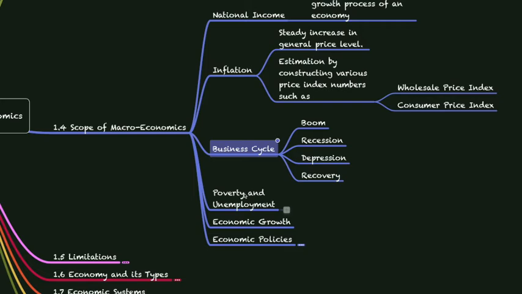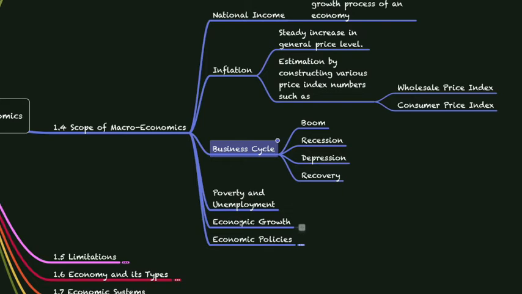Okay. The next is, it is important to study poverty and unemployment in a country so that economic growth can be improved. If poverty is high, the economic growth is normally understood to be very less. So we have to reduce poverty, we have to reduce unemployment, we have to increase employment levels in a country. All this happens when you are studying macroeconomics at all levels.